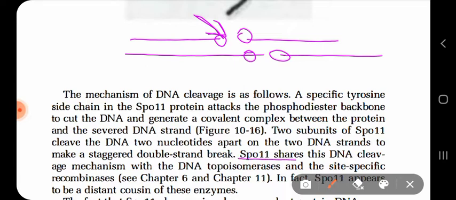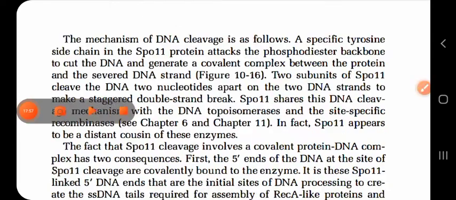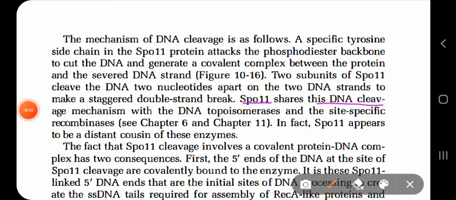Okay, SPO11 shares this DNA cleavage mechanism with DNA topoisomerase and site-specific recombinase. The way that SPO11 cleaves the DNA is similar to the cleavage mechanism of DNA topoisomerase and site-specific recombinase, right?